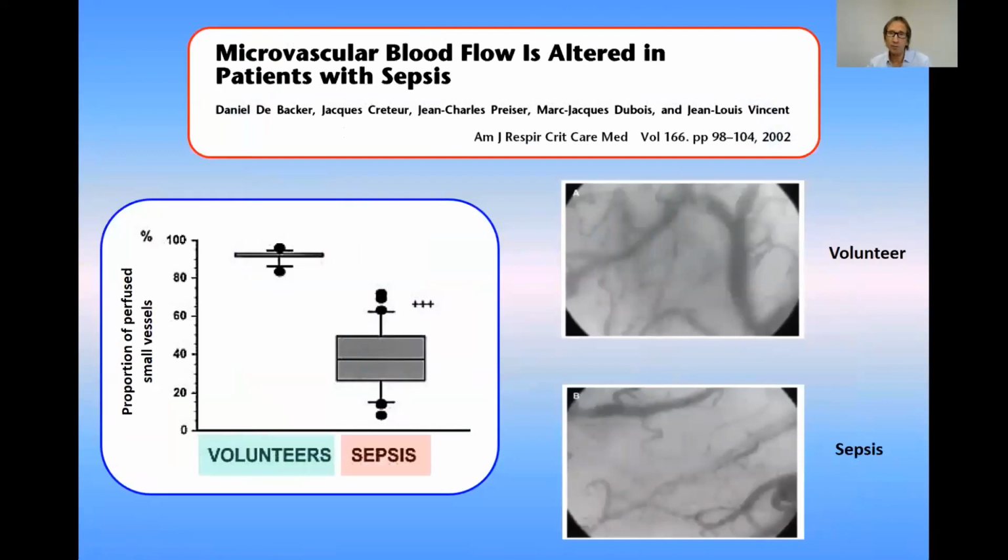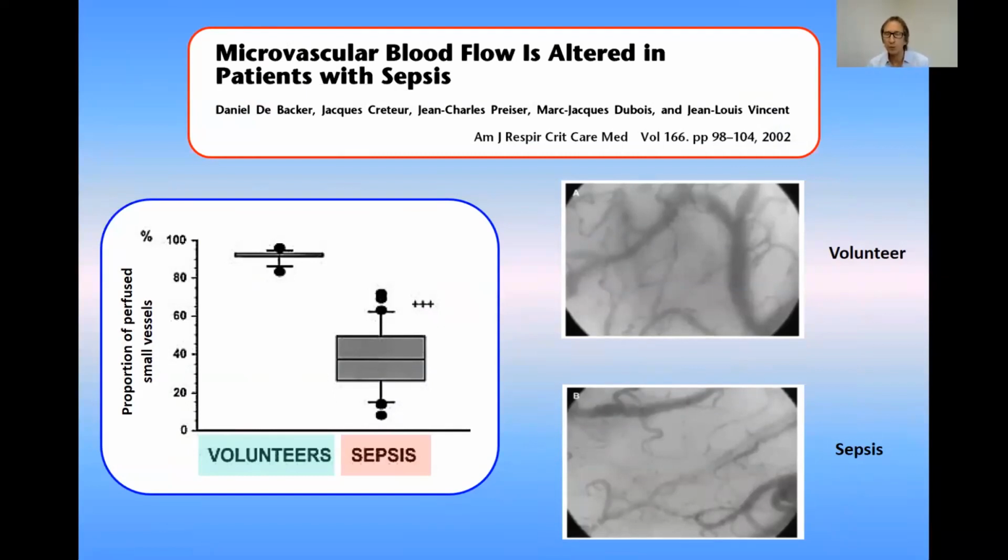Why? Because we know from more than 20 years now that microcirculation is altered in patients with sepsis. This is a study by Daniel De Backer comparing volunteers and septic patients in terms of microcirculation of the sublingual territory.